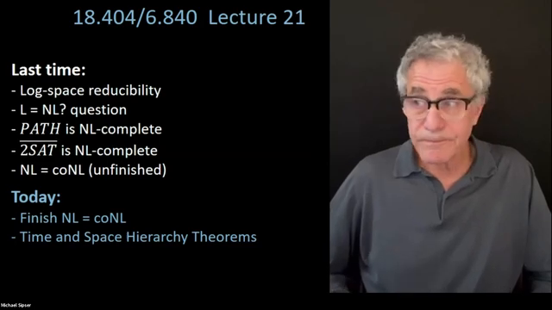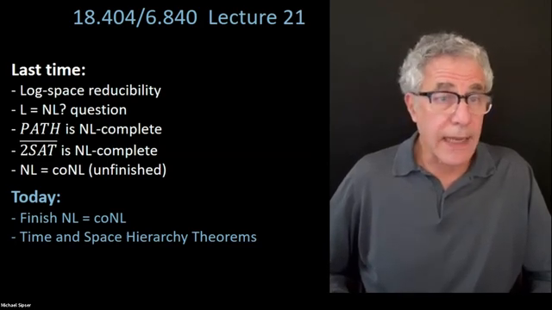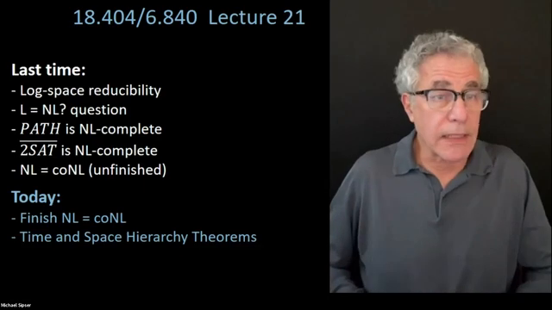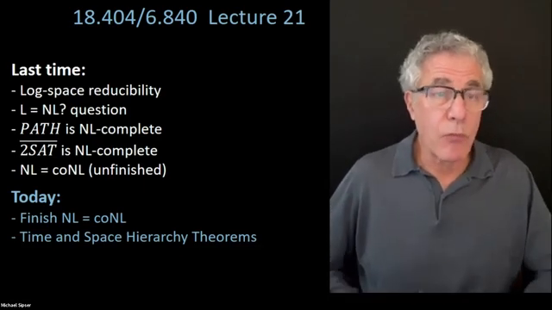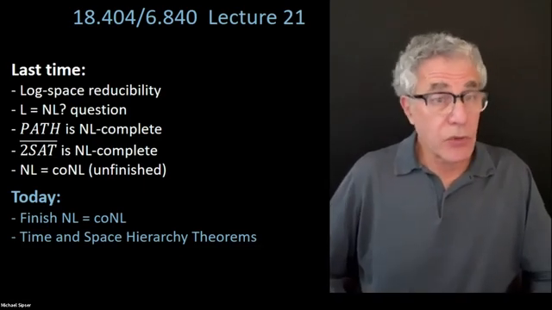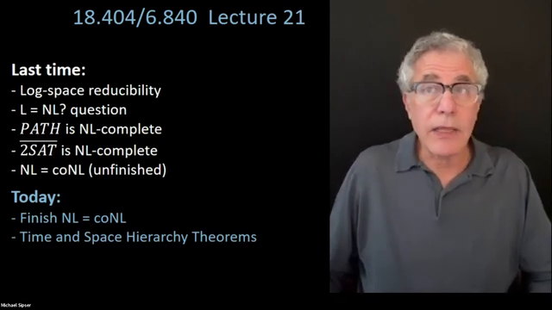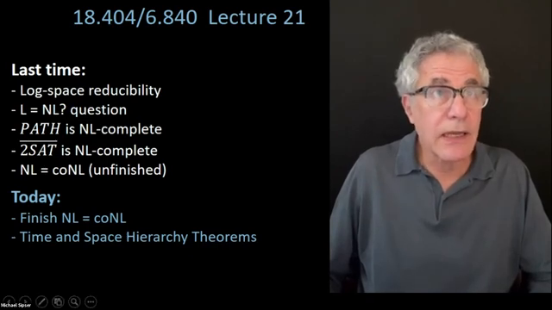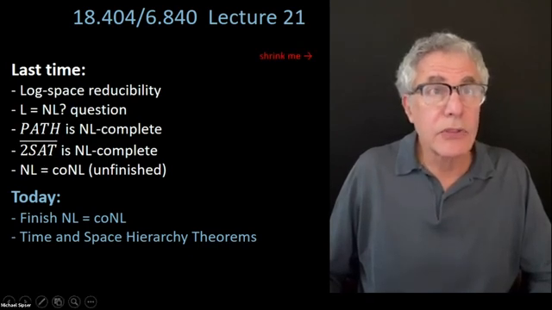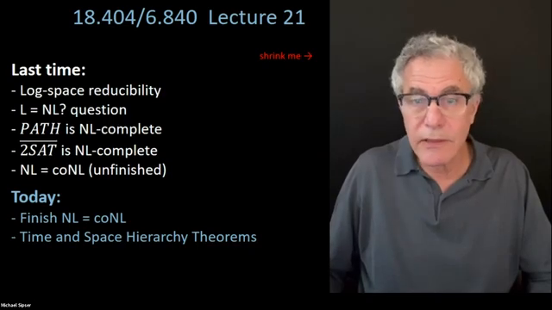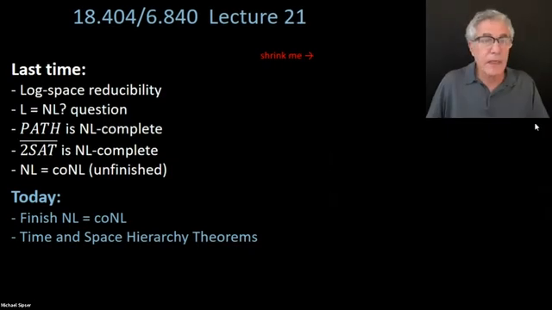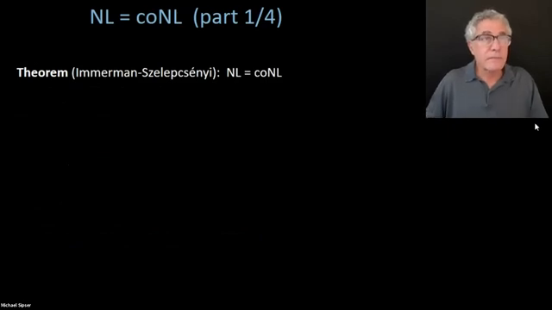Basically, they tell you that if you allow your favorite model, let's say Turing machines, to have more resources, then they can do more things. But we'll get to that in due course. Okay, so let us go back to the Immerman-Szelepcsényi theorem, which is that NL is equal to coNL.